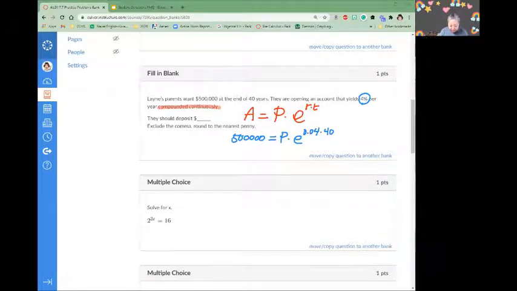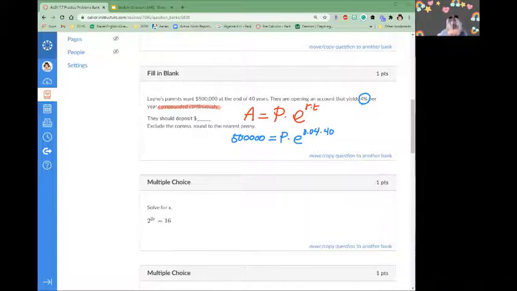Then it gives you a certain value. Then that's going to divide both sides, right? Then you will get the principal amount, how much you have to invest at the beginning of the 40 years, right? Then you're going to get the value there.